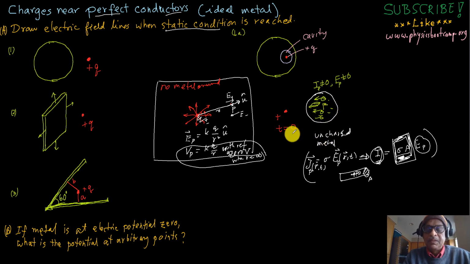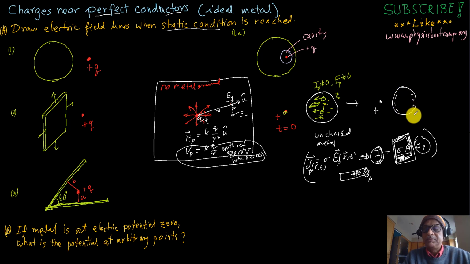When I bring it, this is the situation up to some point, and then the situation will turn into this: you have a positive charge, this end will become negative, and this end will become positive.